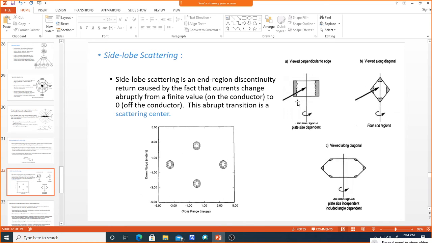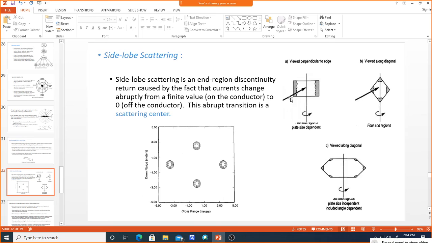It is important whether it is viewing perpendicular to the plate or diagonal to the plate. Based on that, whether the currents flowing because of the incident field are on the conductor or off the conductor, whether nearby the surface or on the surface, the change in current due to the incident field will have a discontinuity, and based on that discontinuity there is an abrupt transition of a scattering center.